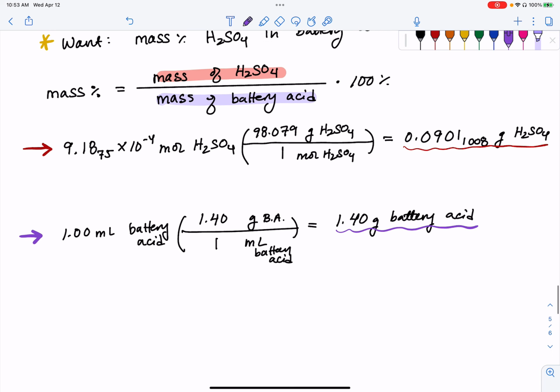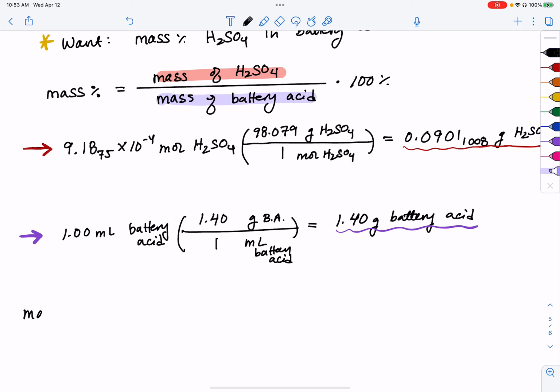And now to do my mass percent, I need to figure out the quotient of these two masses and then times by 100.